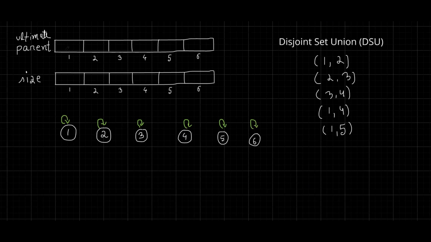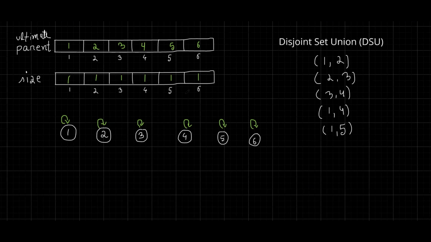So here the ultimate parent of 1 is 1, the ultimate parent of 2 is 2, of 3 is 3, of 4 is 4, and so on for 5 and 6. Now, as all of the nodes are separated, let's consider each of them as a tree, and each tree has a size of 1. So the tree at index 1 has size 1. Similarly, all of the trees will have size 1.